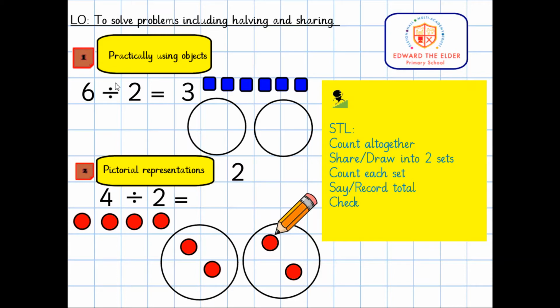Step 1 is dividing practically using objects, a skill introduced previously. Pupils will be encouraged to share equally. For example, 6 divided or shared by 2 will include 6 objects shared equally between 2 sets.